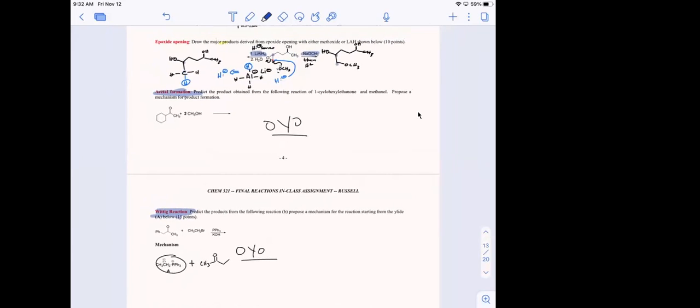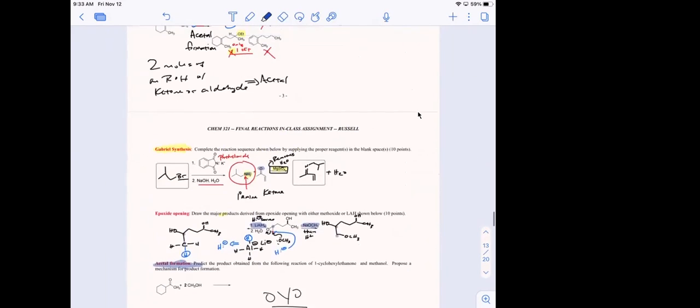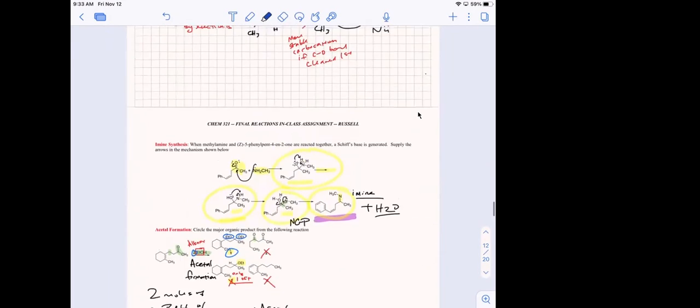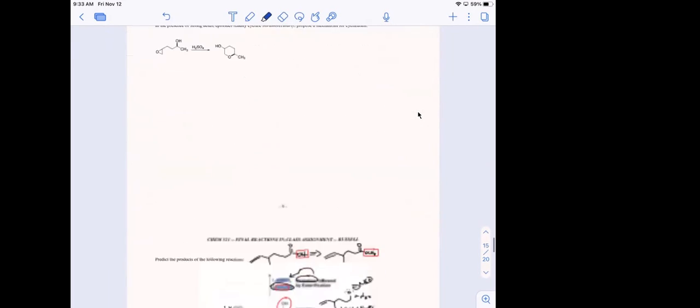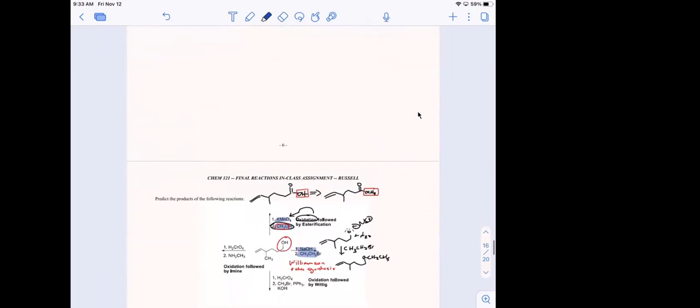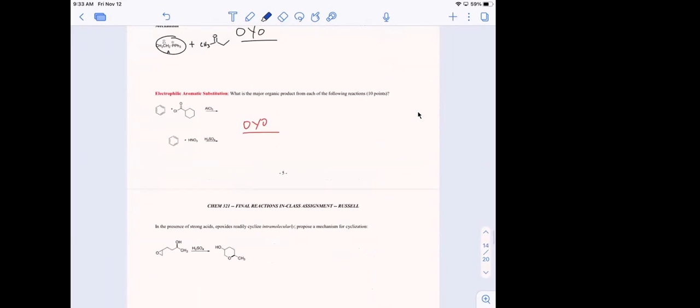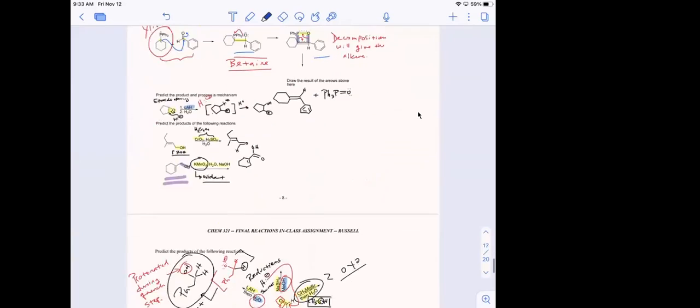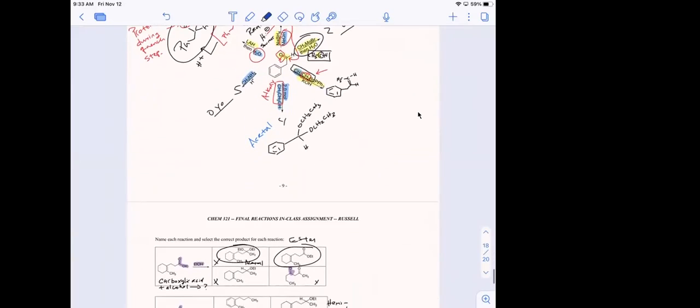We have to actually do the mechanism, but if you scroll up in the notes, the mechanism is there. And then the aromatics right here. That's an on-your-own problem, because we've done aromatics already. You already have seen these reactions. And I think that was it.